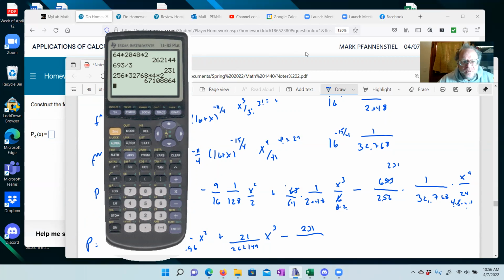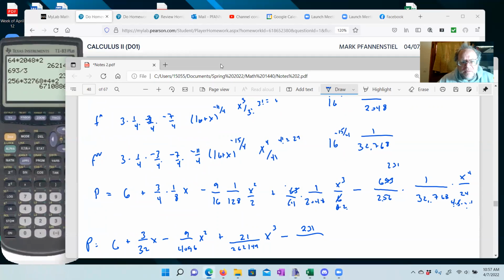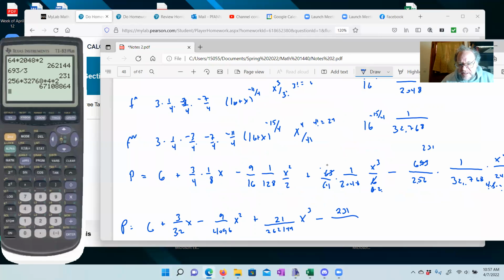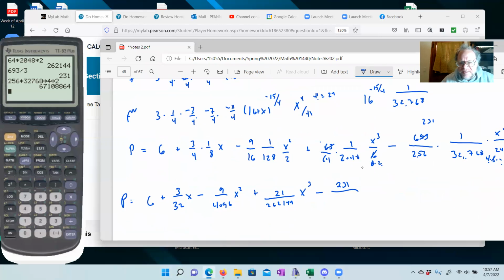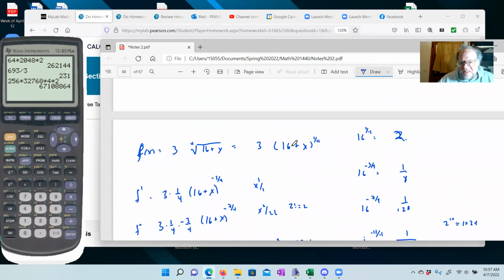So this over, so I can read it, 67,108,864 x to the 4th power. Okay, sure, obvious, right? And that is the Taylor polynomial for this piece.